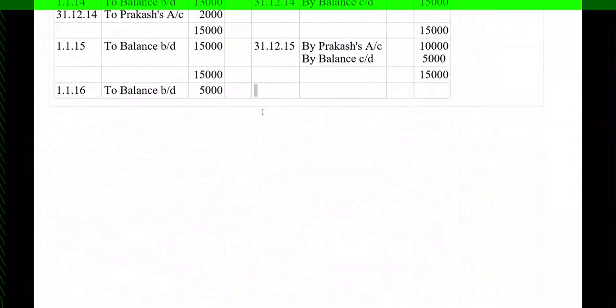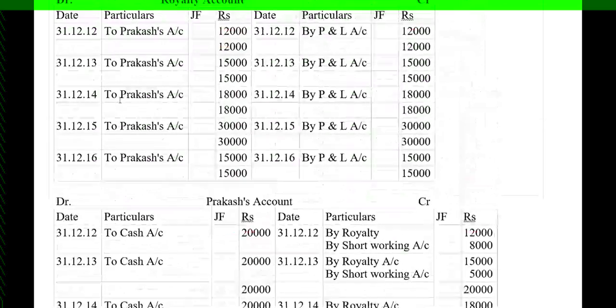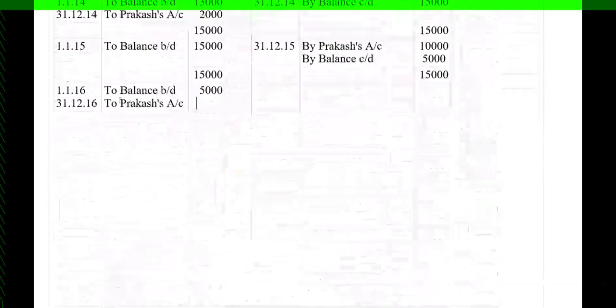So when there is a short working here on 31st/12/16, so here when there is a short working, to Prakash's account, here rupees, again we have got short working in the last year rupees 3000.